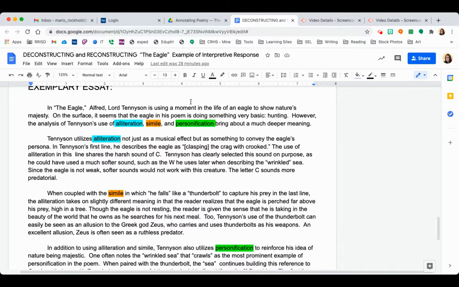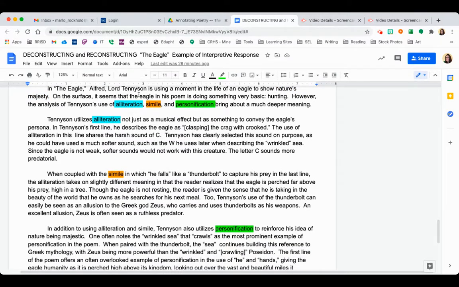All right, so I've got the conversation about the thematic moments and nature's beauty going on, and I have three techniques. You'll notice I color coded these so you can see that each one of these is showing up in a topic sentence for the body paragraphs, and they are showing up in the same order that I list them in the thesis statement.